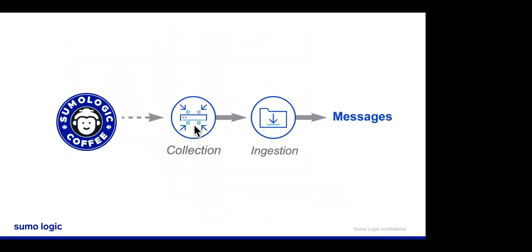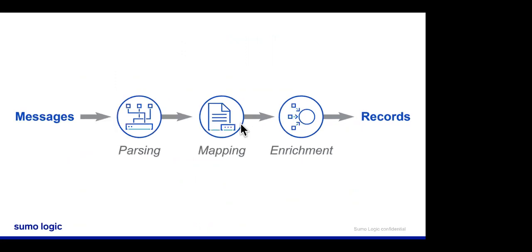So as I mentioned before, we've got a standard Sumo Logic collection, whether we're dealing with data from our Sumo Logic Coffee app or CloudTrail logs or whatever the logs are, we go through this normal collection ingestion process. Then we take those messages, and as I said before, we're going to parse out the individual fields, the various nuggets of data that we want, as well as mapping those fields.